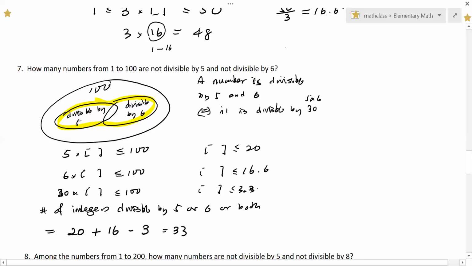Now 33 are the number of integers divided by either 5 or 6 or both. But we are looking for the number of integers which are not divided by 5, not divided by 6. So my answer to the question will be 100 minus 33, 67. Okay, so 67.